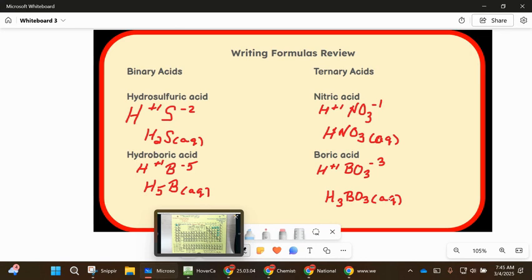Now, if this had been nitrous, OUS ending, the only thing that would change is instead of nitrate, it would come from nitrite. It would be HNO2. Now, I don't think I give you a lot of acids that use OUS endings. But understand, any polyatomic that would end in ITE could become an OUS acid.